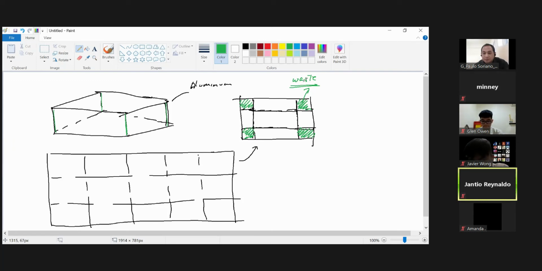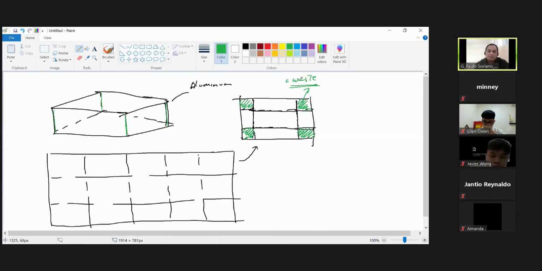No, you need to minimize waste and maximize usable area. If you maximize your usable area and minimize waste, then you will be saving more of this material and it will save money for your company. You understand what I'm saying?